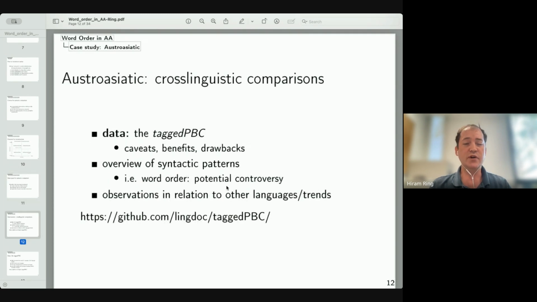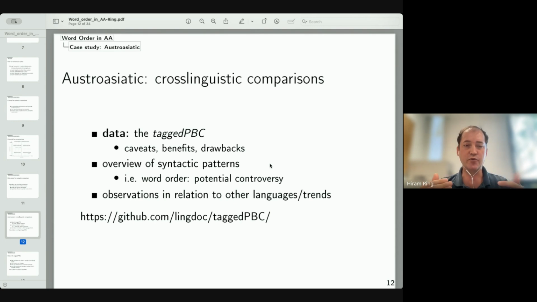So what are we doing with Austroasiatic? This is part of a larger project that I've begun on the back of our verb initial project at Zurich. And this is looking at data from a data set called the Tagged Parallel Bible Corpus. So there's a lot of languages represented here, and I thought I'd just look specifically at the Austroasiatic languages.